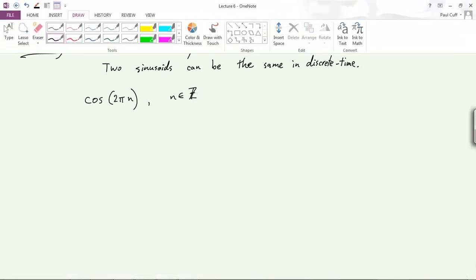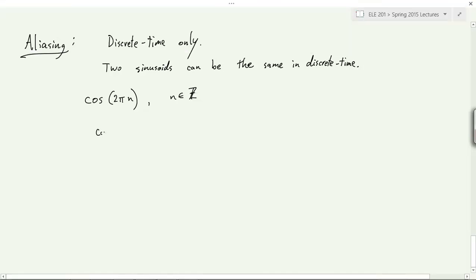So then I claim that this cosine, let's find the sequence. Let's call this x[n]. What's x of 0? It's 1. What's x of 1? 1. X of 2? 1.